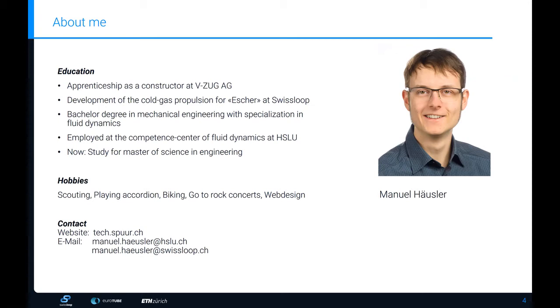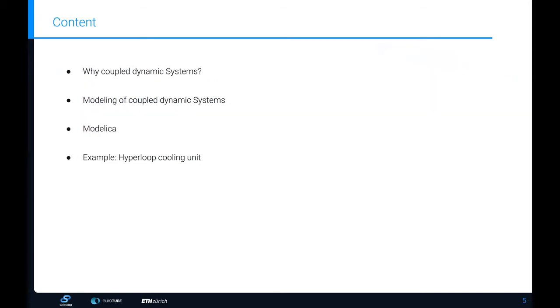Then I will go forward so we can go to the technical aspects and not bother you with these kinds of things. The content I will present is about dynamic systems. It was announced that I will tell you about the cooling system. The cooling system will come in the last few slides about the example.